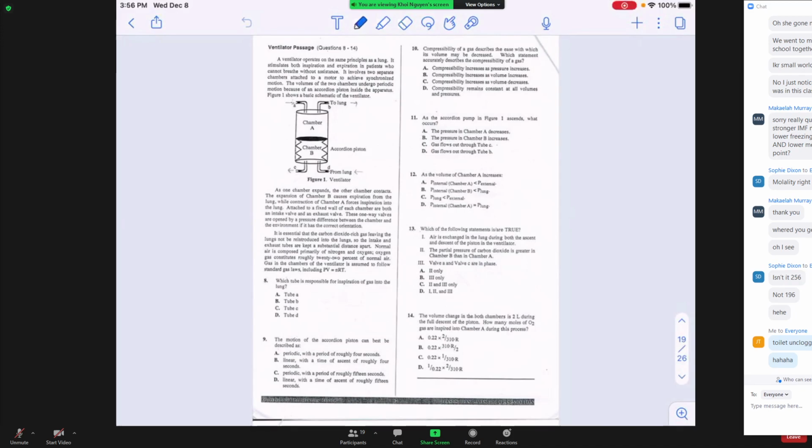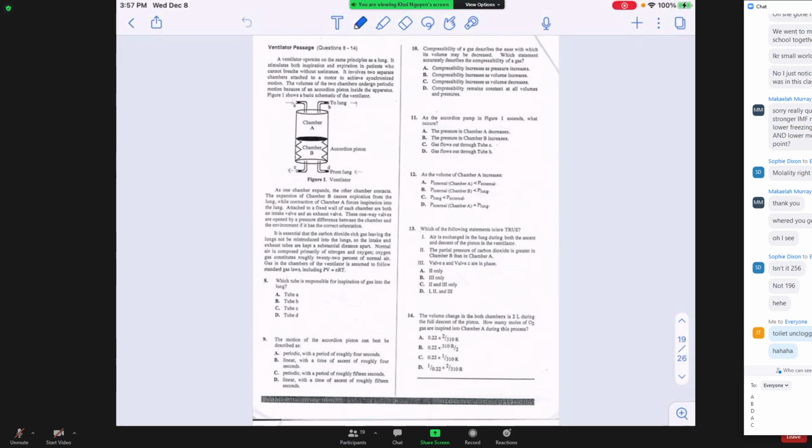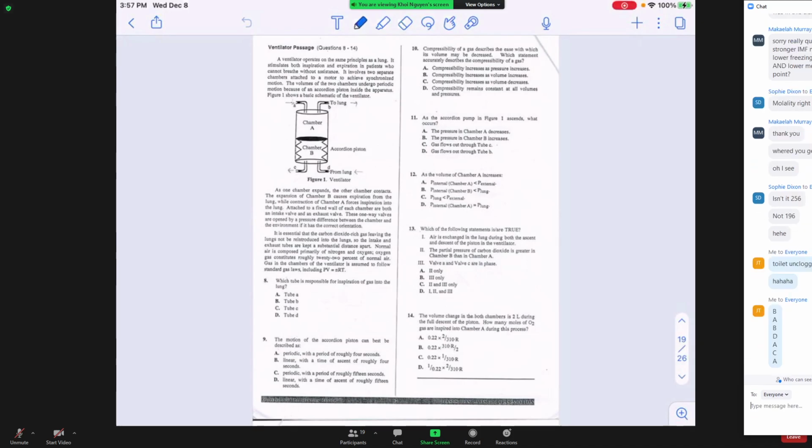But I can do this during office hours if anyone has questions on how we came about these answers. 8 is B as in Bravo. 9 is A as in Alpha. 10 is B as in Bravo. 11 is D as in Delta. 12 is A as in Alpha. 13 is C as in Charlie. And 14 is A as in Alpha.